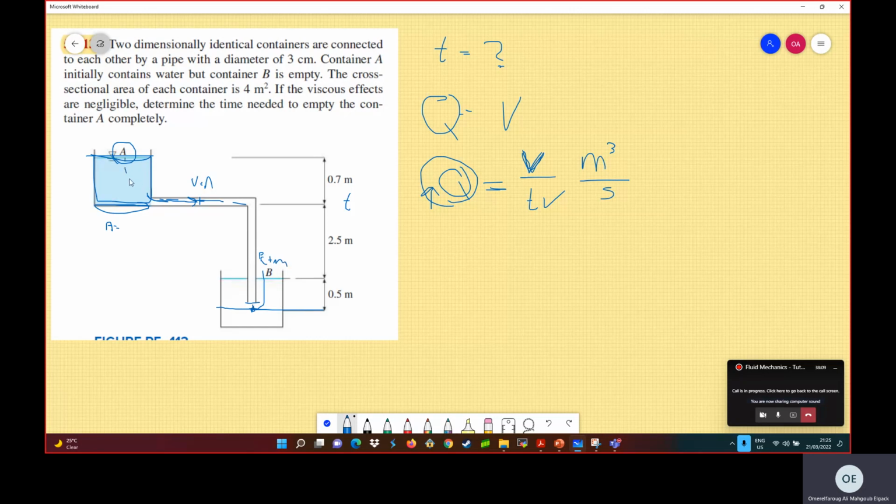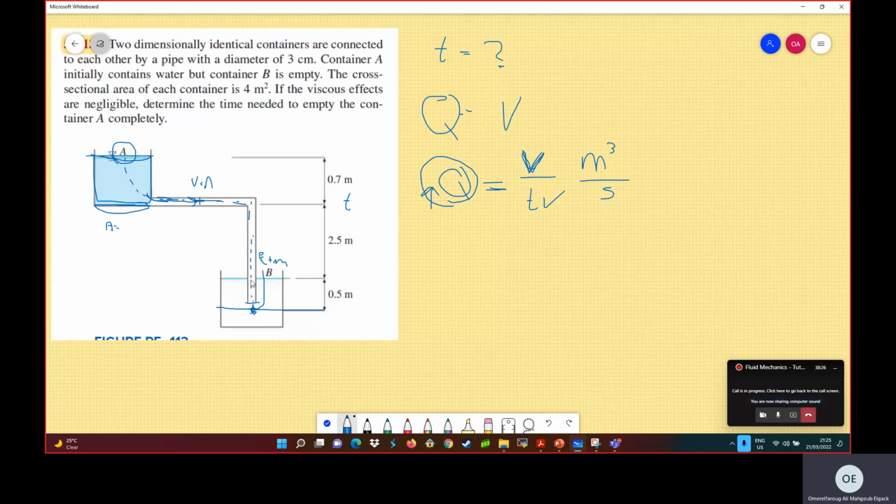This is the streamline, and the water just went slightly after the pipe exit, and it's now exposed to atmospheric pressure. B is empty now.